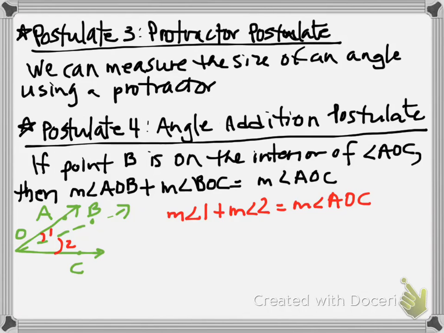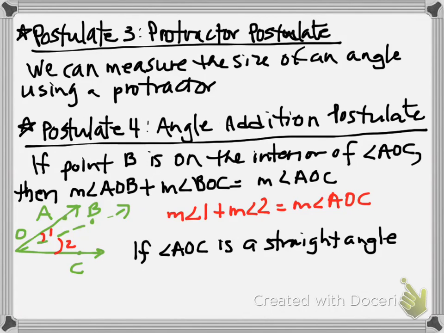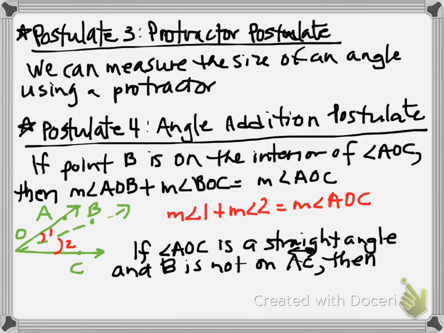So if angle AOC is a straight angle, and we have a stipulation, point B is not on that line AC, then we can say this relationship exists.